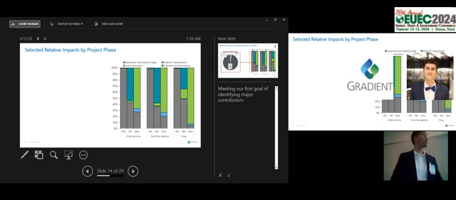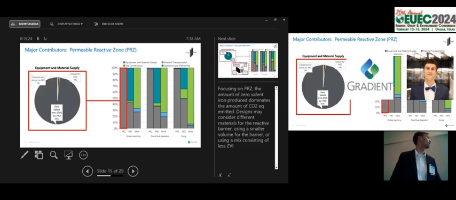To understand what the biggest drivers were for each, we found that for global warming, the production and extraction to market of zero valent iron was actually the predominant impact. So if you were to redesign or run this life cycle assessment, you could reevaluate your design to use less zero valent iron, or you could consider a different treatment media for your permeable reactive zone.